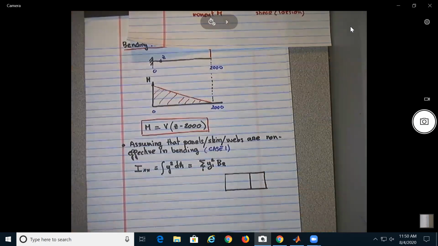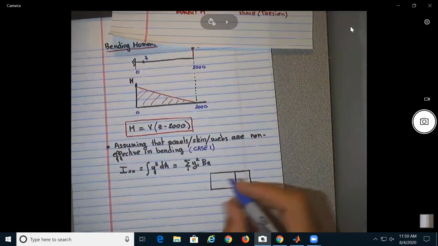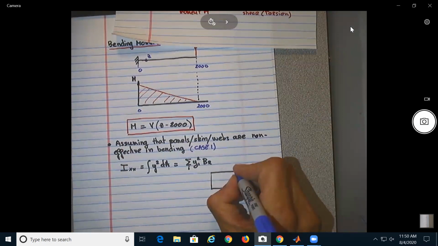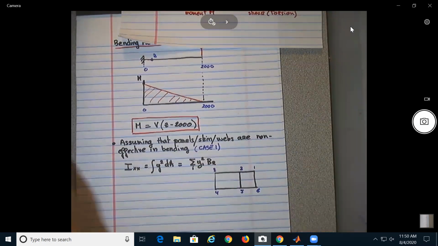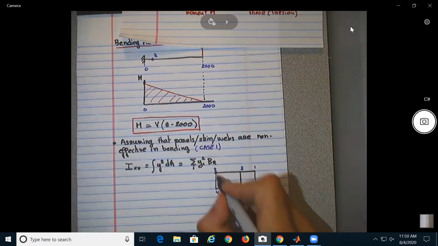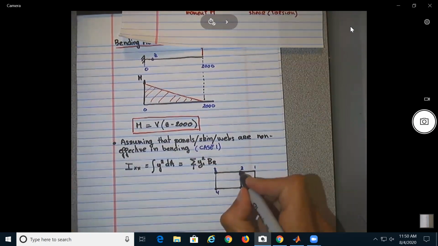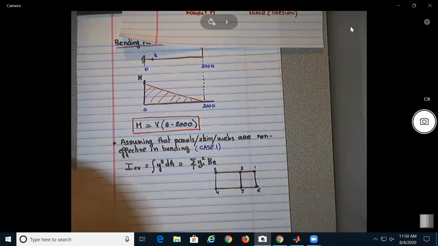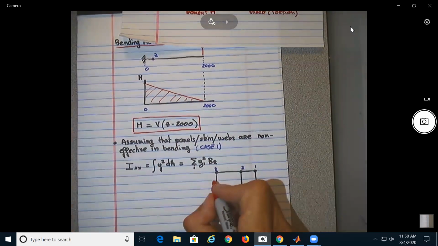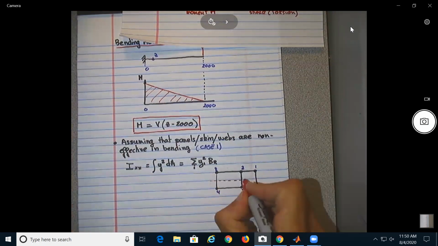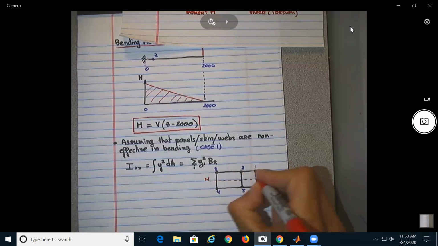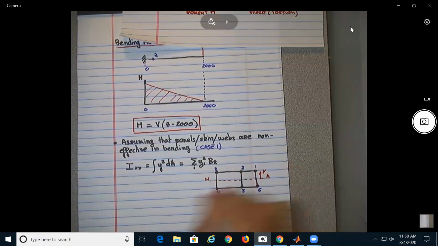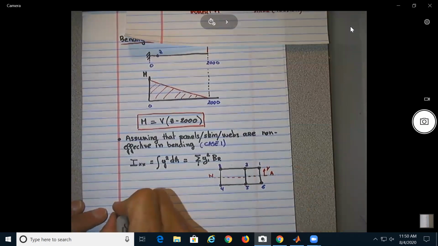Okay, so what we're going to have is 1, 2, 3, 4, 5, 6. This will be our natural axis. This will be the origin of our y. Okay. And I'm not going to write the value.